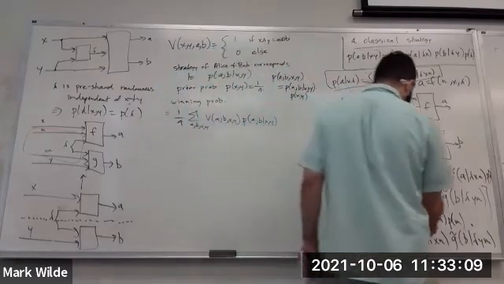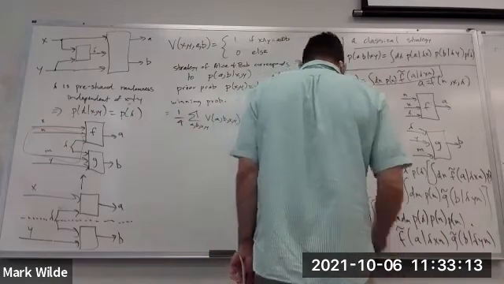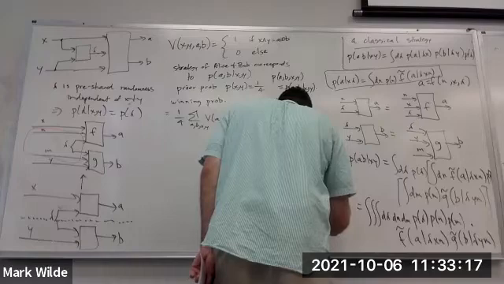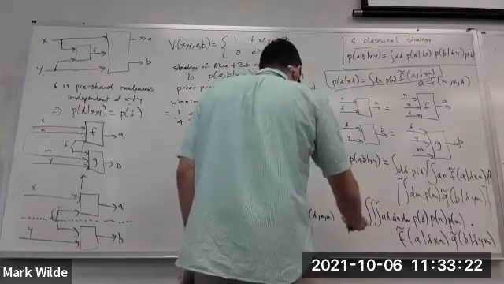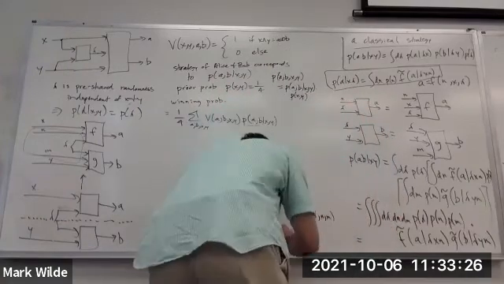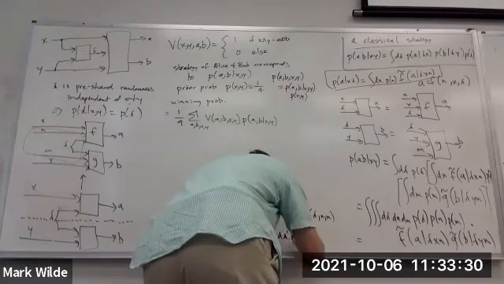I want to group lambda and M together and call it lambda prime. And then I want to rewrite this as P lambda prime.